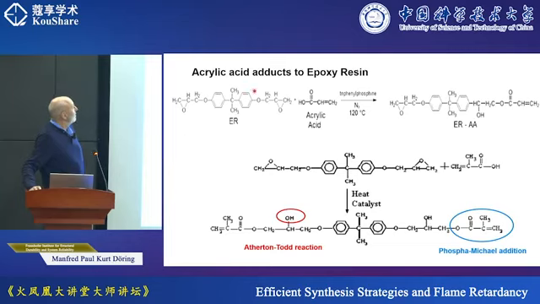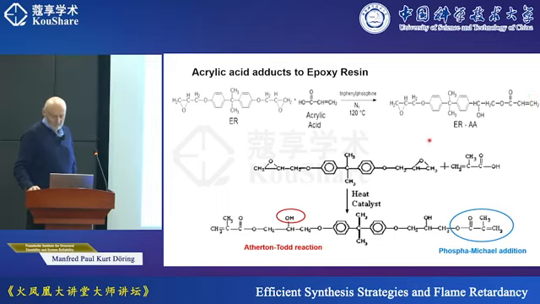Okay, another thing, this is not new stuff. This is very old and commercially very well done. They use the simple epoxy resin and do an addition of acrylic acid. Then you get typically this reaction here, and you get this diacrylate adduct.